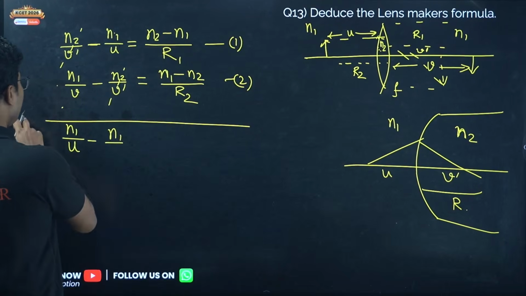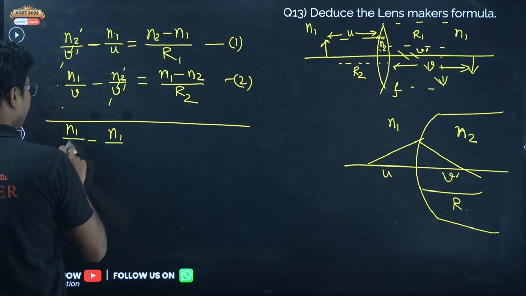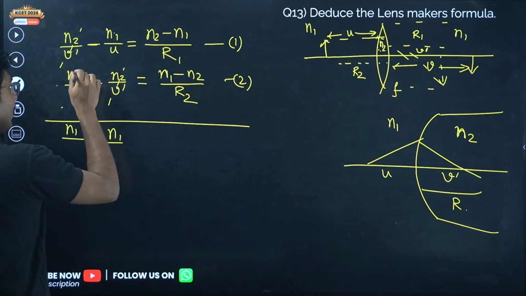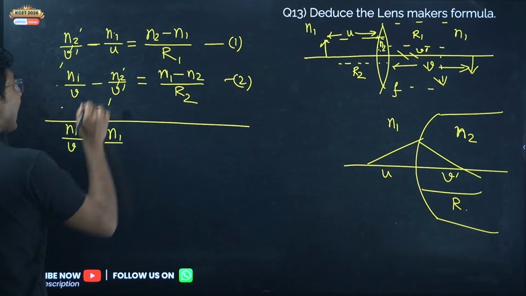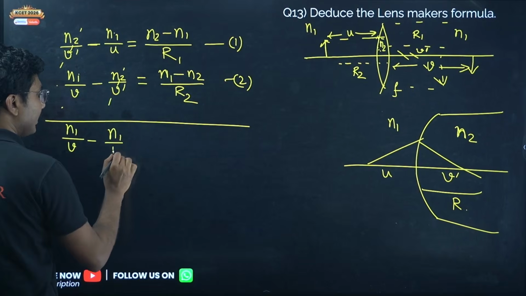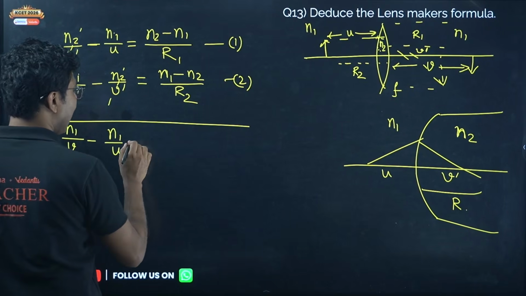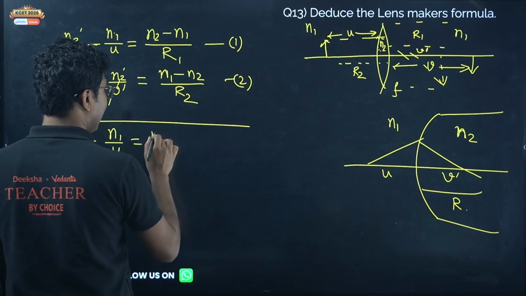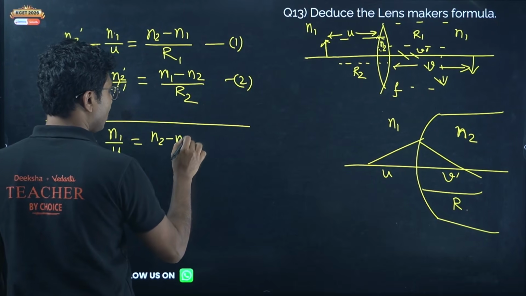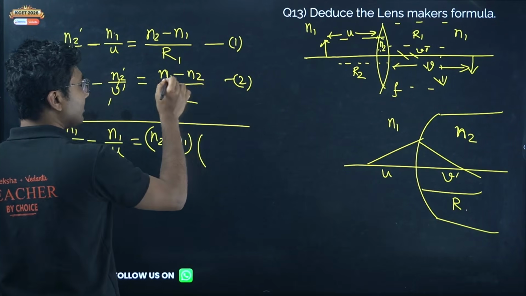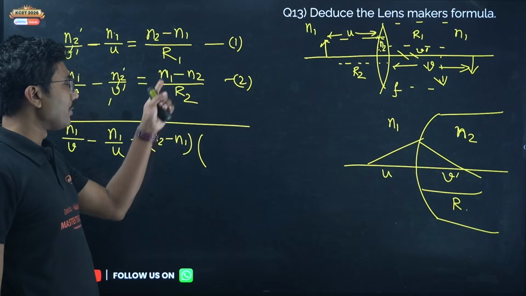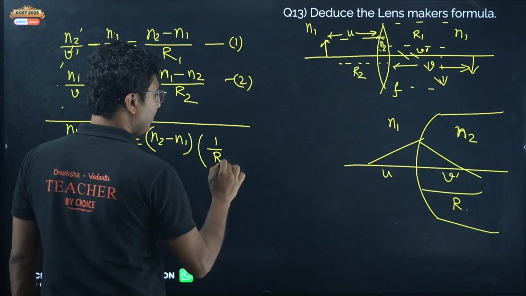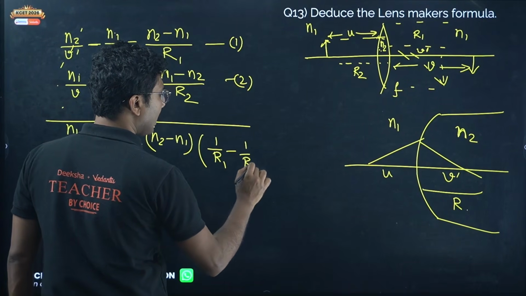So that is what we are trying to prove. So here n1 by v is positive and n1 by u is negative. Now if you take n2 minus n1 as common, you cannot actually take it common, because here we have n1 minus n2. So this one is positive 1 by r1, but this one will be negative 1 by r2.